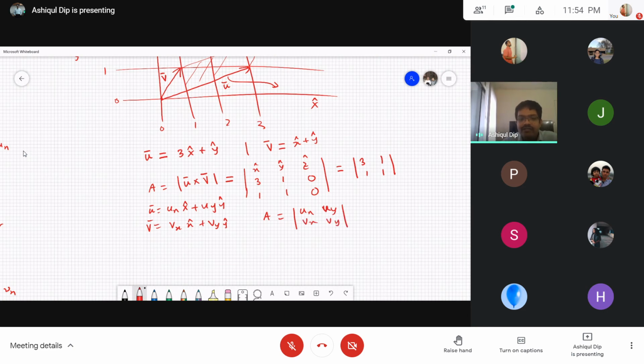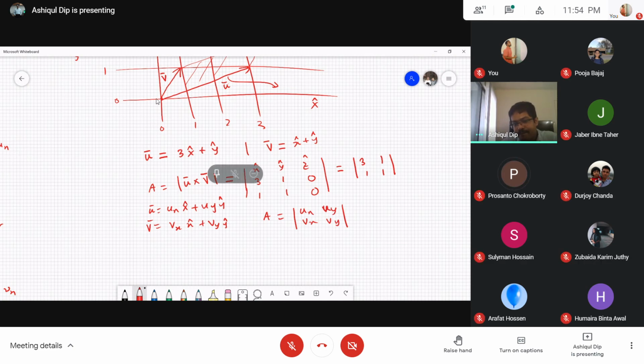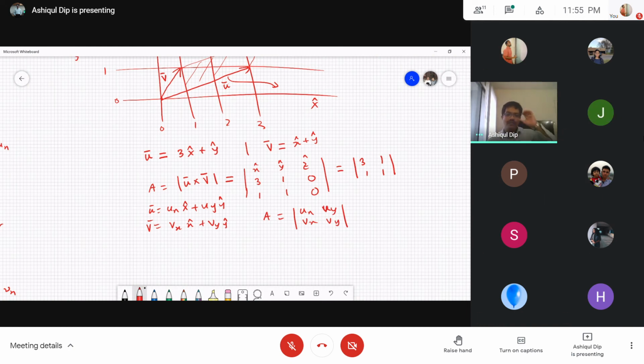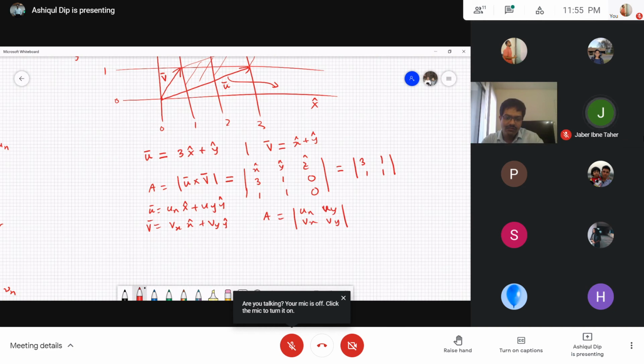Do you agree with that? Is it clear to everyone? This is how we can calculate area.